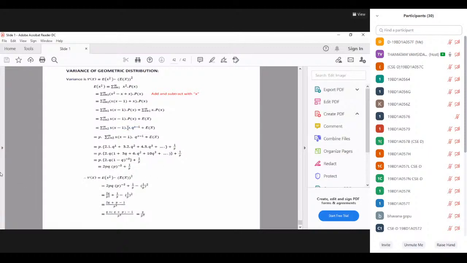In this one, p is a constant that does not depend on x, so you can take it outside.